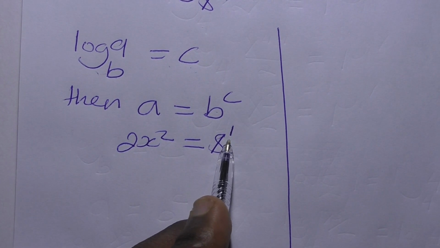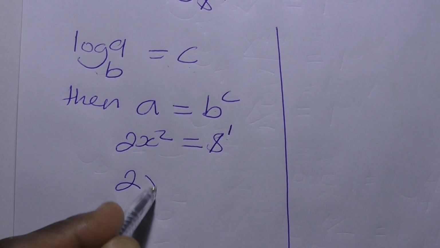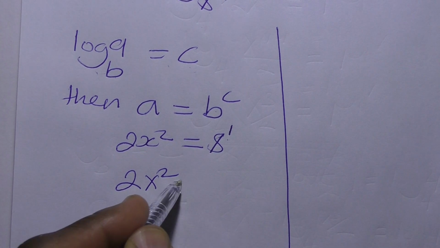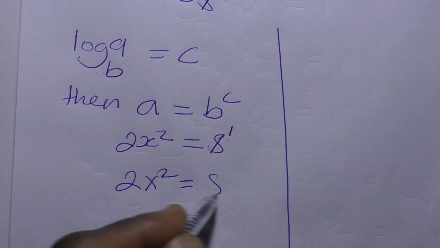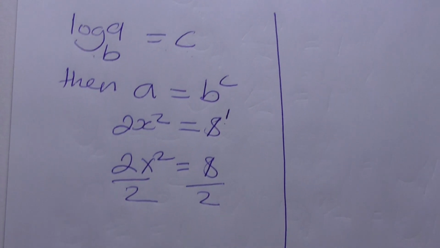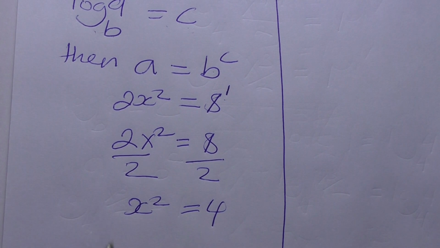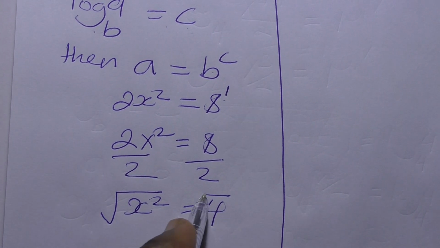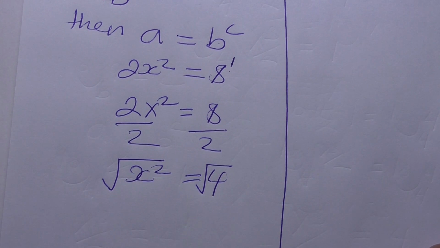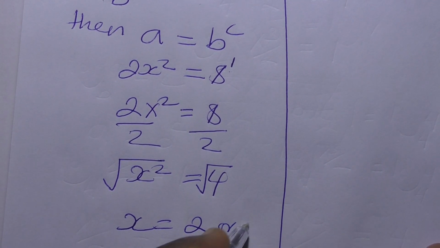Any number to power 1 is that very number. Therefore, that gives us 2x squared equaling 8. We divide by 2, we end up with x squared equaling 4, and then get the square root of both sides, so that we end up with x equaling 2 or negative 2.